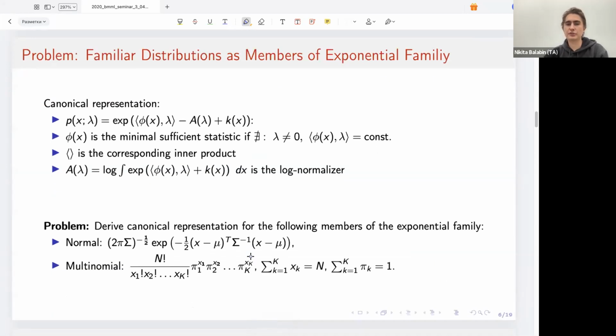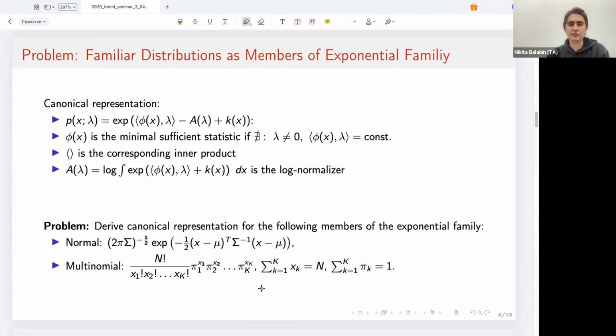First of all, let's try to solve the following problem. Again, we have the definition of exponential family, and please try to prove that our popular distributions such as normal and multinomial are members of the exponential family. So you should take the densities or probabilities and show that there will be such a factorization.